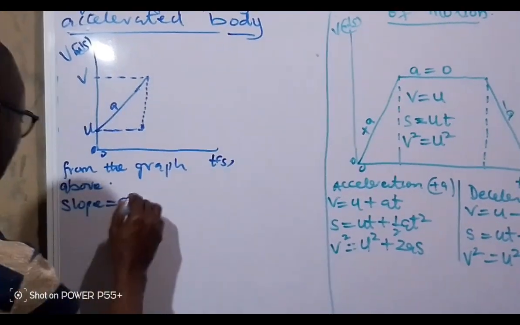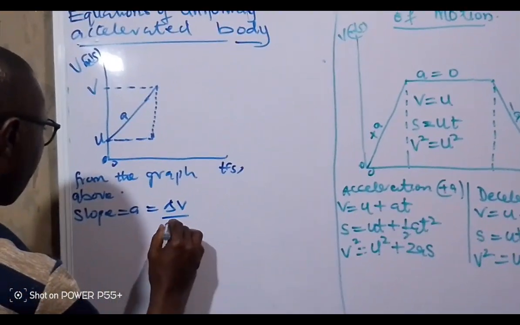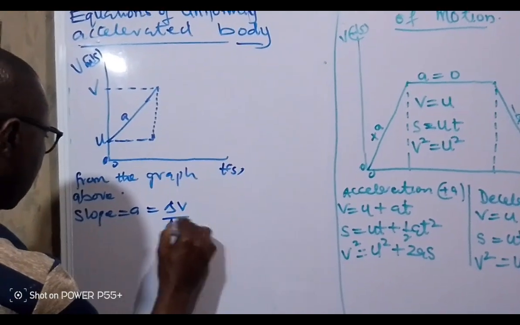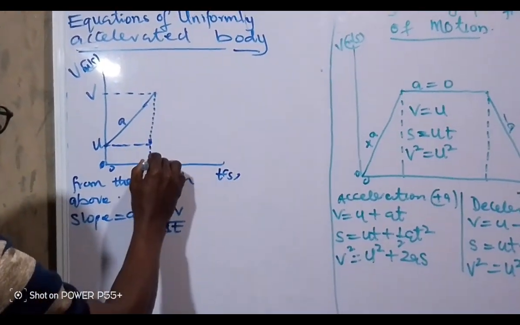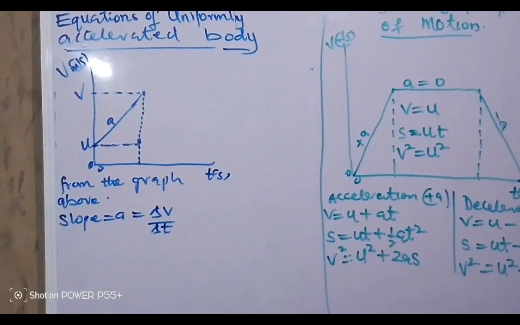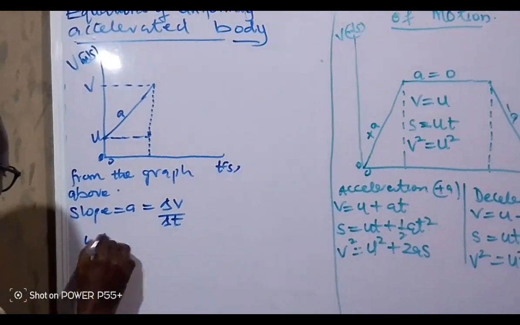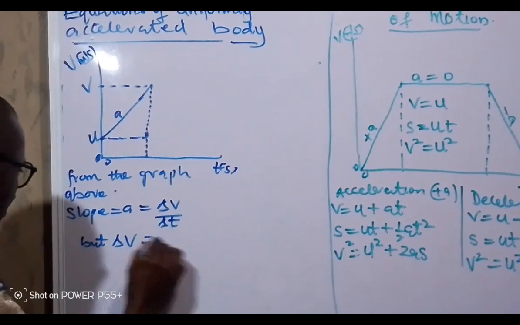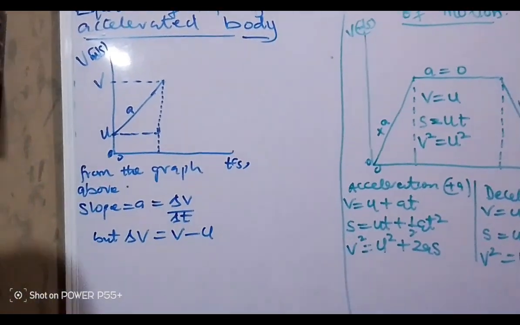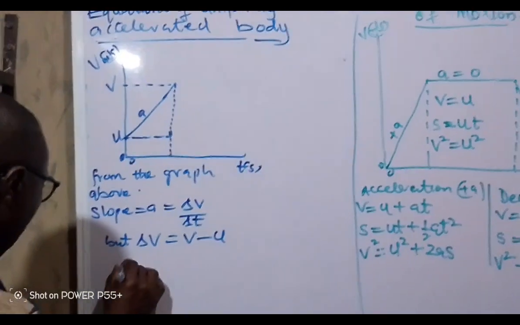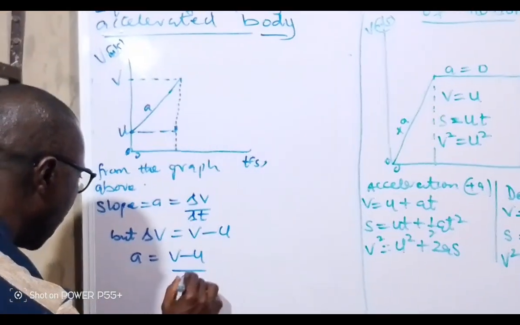And the slope will now be equal to delta V over delta T. And look at it, this is the horizontal axis where we have time. But our delta V is equal to V minus U. So therefore, we can now say that our A is equal to V minus U over T.